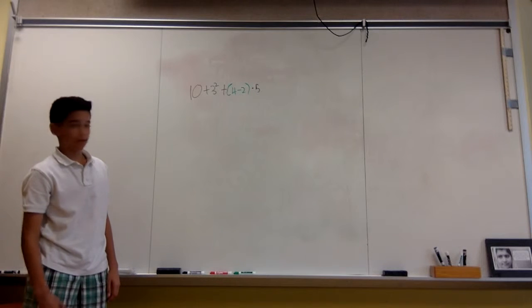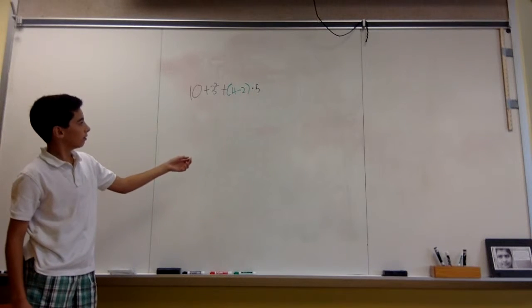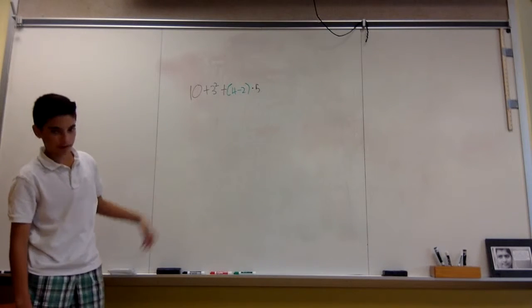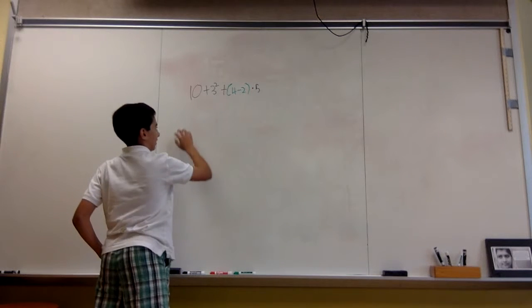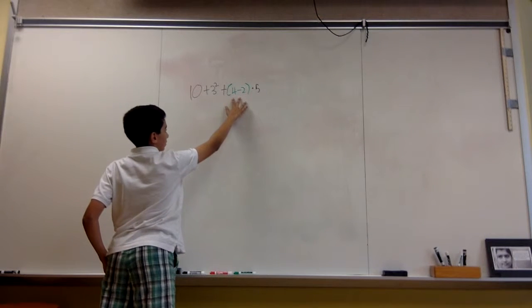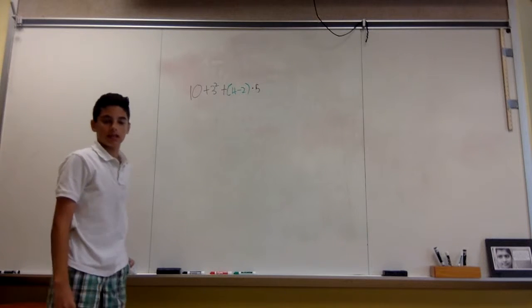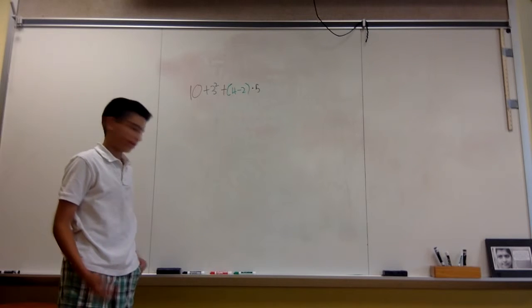First example here, we have 10 plus 3 squared plus 4 minus 2 in parentheses times 5. Now, as we can see, we have it all in black except in the parentheses is green, 4 minus 2. And since that is in parentheses, we will first start simplifying with that.